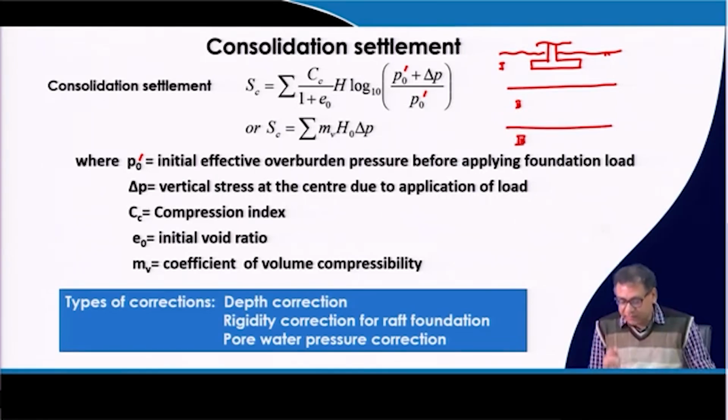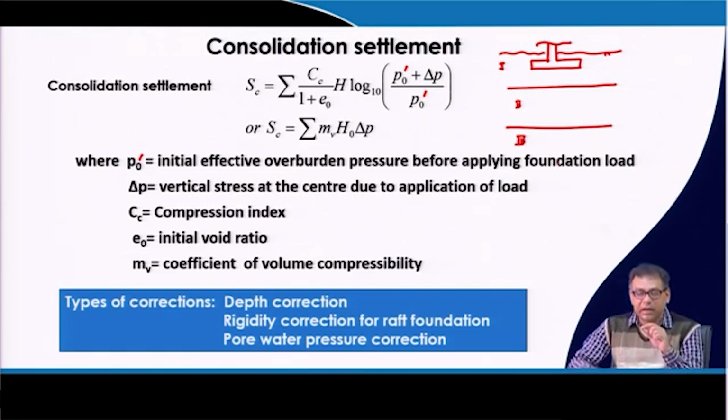So, remember that for the bearing capacity equation, the thickness of the layer below the foundation base up to a depth equal to the width of the foundation is considered.